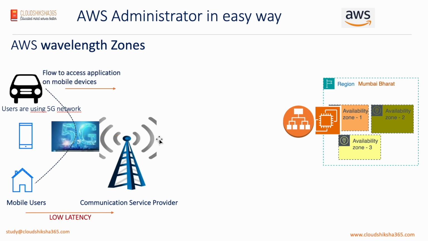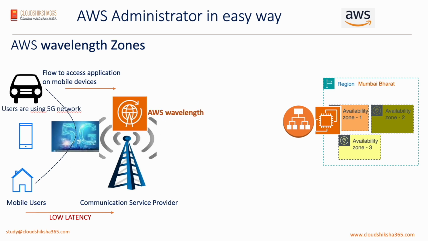And how can we minimize it? Rather than making it that long, Amazon has introduced the Wavelength Zone. Amazon has collaborated with communication service providers, because every communication service provider has their own data center. So now Amazon keeps their own resources, like their compute and storage, within the data center of the communication service provider. Here they call it AWS Wavelength.